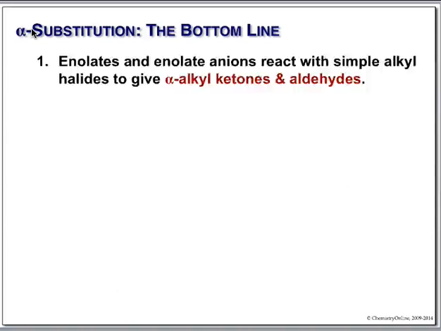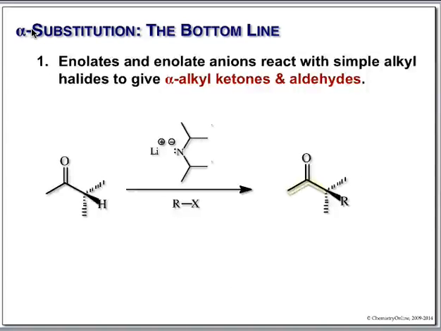All right, so let's do our bottom line here. I put in these bottom line slides to help you remember, or to answer the question, what do I have to know? Well, we're going to have five of these things. Make sure you know them. If we have an enolate like this that we form with something like LDA, or for aldehydes and ketones just with acid or base, we can react these with an alkyl halide.